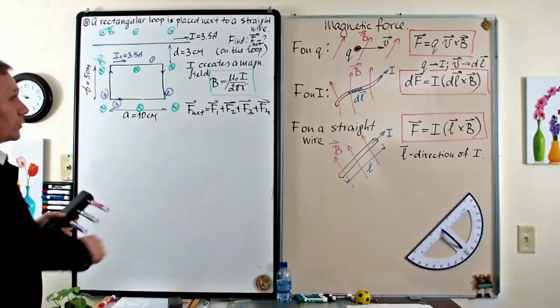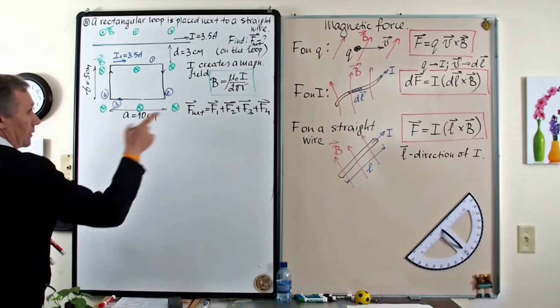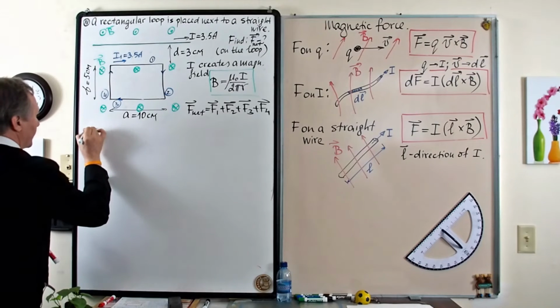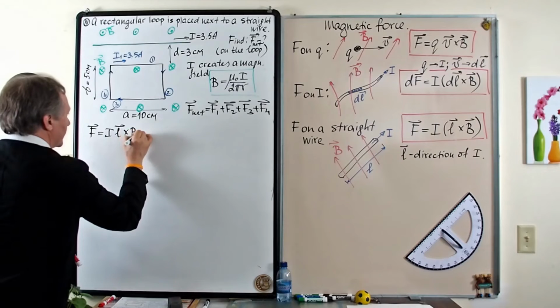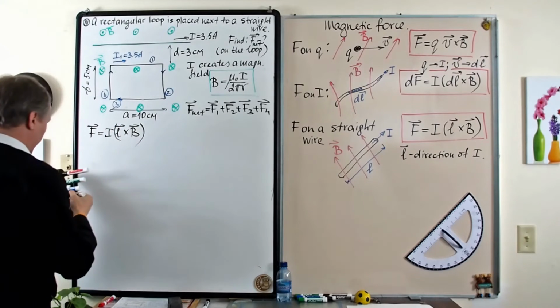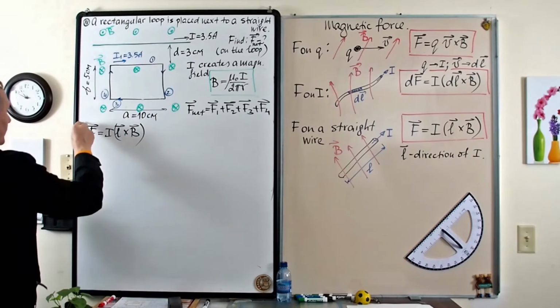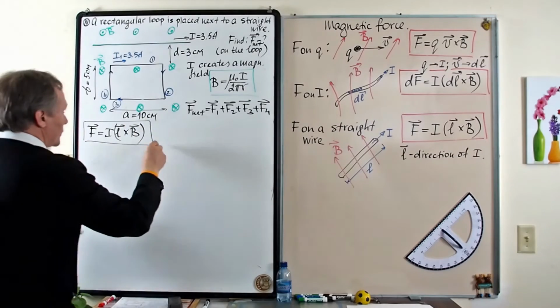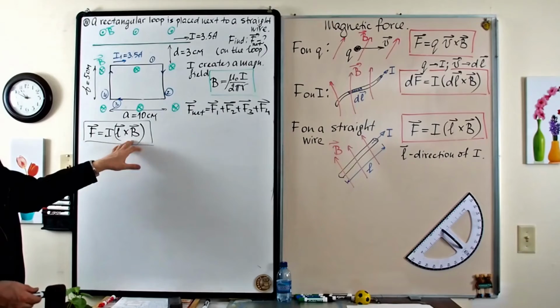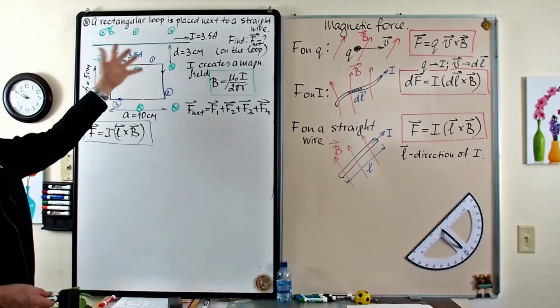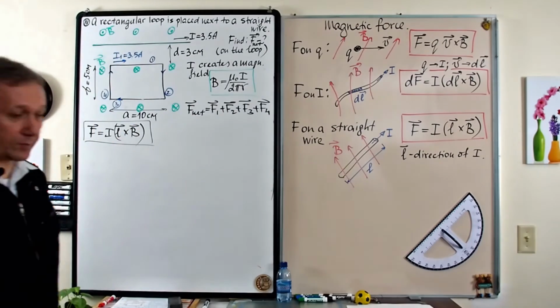And of course, every time we will have to use that formula, F equals I L cross B. So let me frame it. For each of these forces, every time we have to use this formula, since we have straight wires exposed to the magnetic field, so this formula is applicable.